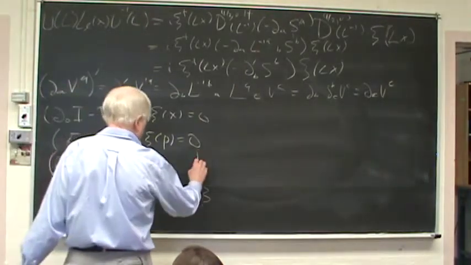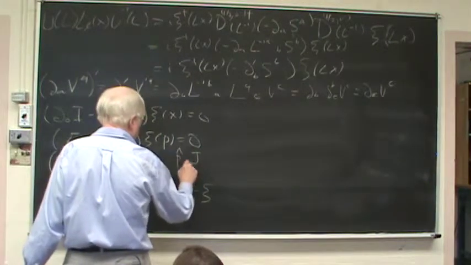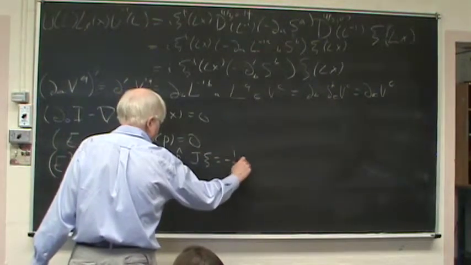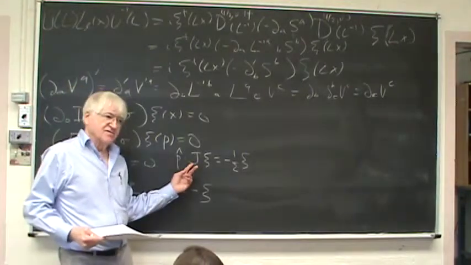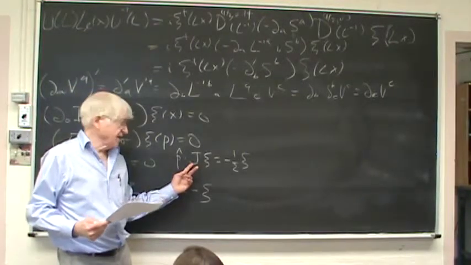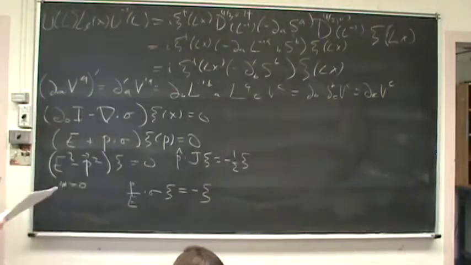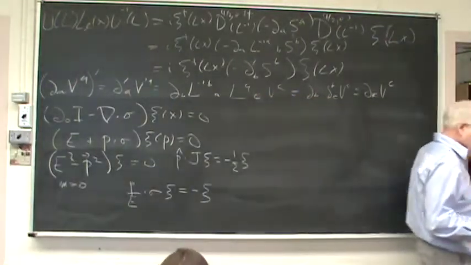So this equation equivalently is p hat dot J on ψ is minus 1/2 ψ. So the eigenvalue of the angular momentum in the direction of motion is minus 1/2. Schwartz measured these backwards, but I don't know, maybe I'm backwards.